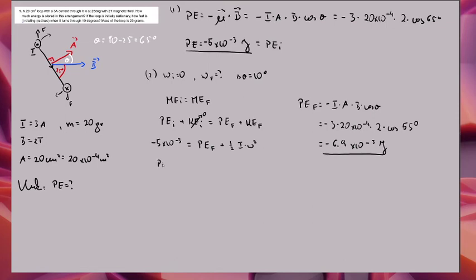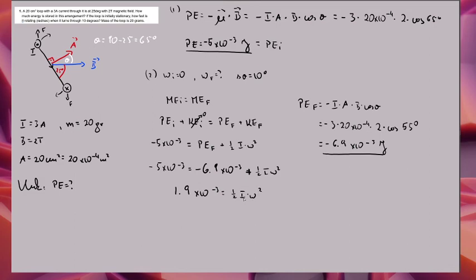So I have minus 5 times 10 to the negative third, equals minus 6.9 times 10 to the negative third plus half I omega squared. I'm sorry, this is a plus, half I omega squared, and then I bring this to the other side, and the difference between the two is just going to be plus. So I end up with 1.9 times 10 to the negative third equals half I omega squared.